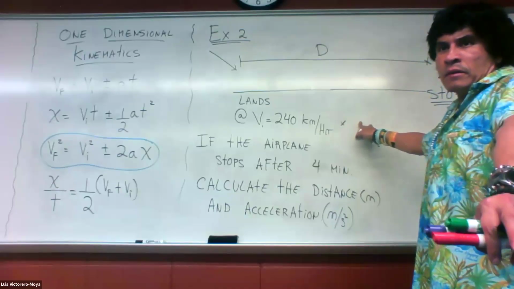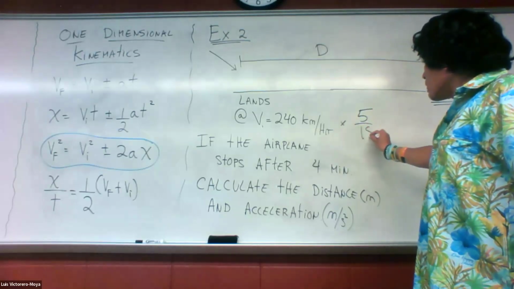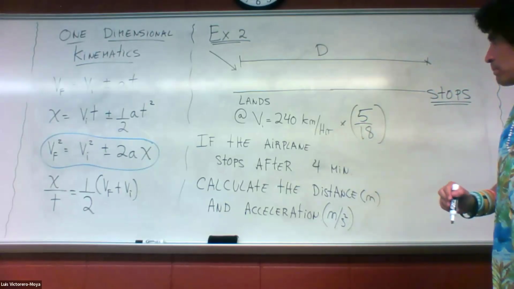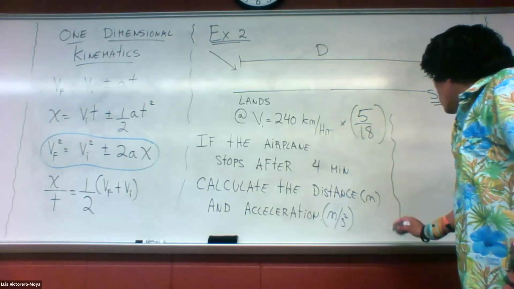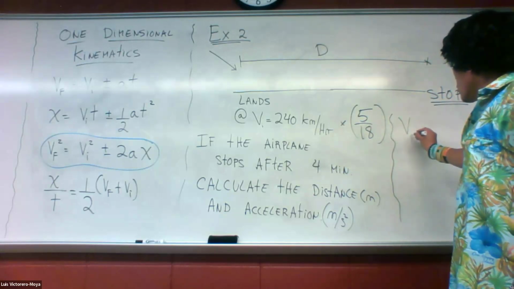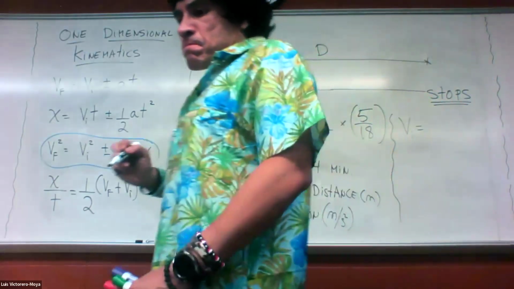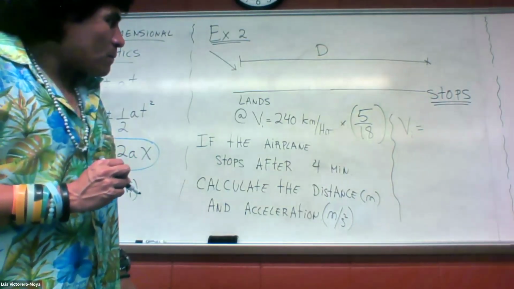Yeah, and if you remember, and I'm pretty sure you have this in your notes, just multiply by that. So, all right. Anybody, what do you get for V initial in meters per second?